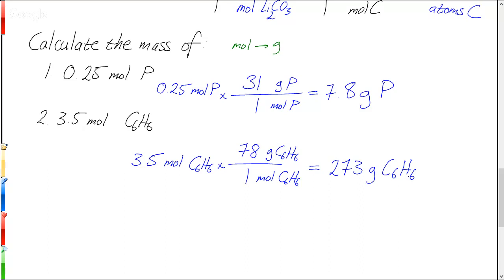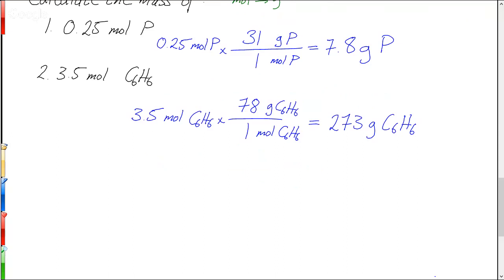All right, so that's one way we could do it. We could be given a certain amount of moles and then calculate the amount of grams. We can also do it the other way. Same exact thing, we just flip the ratio. So let's try one. Let's just ask it this way.